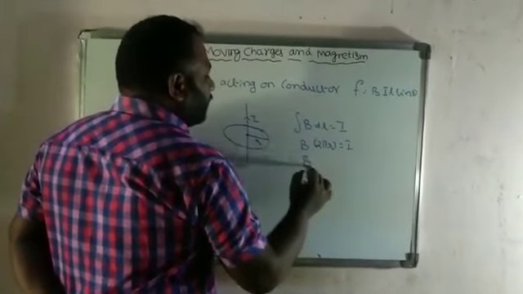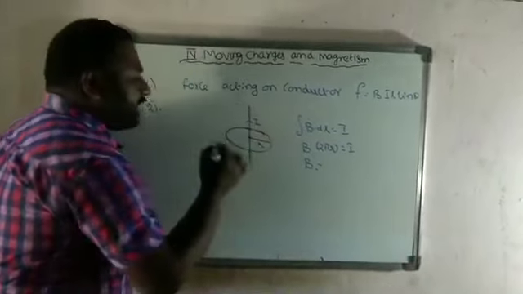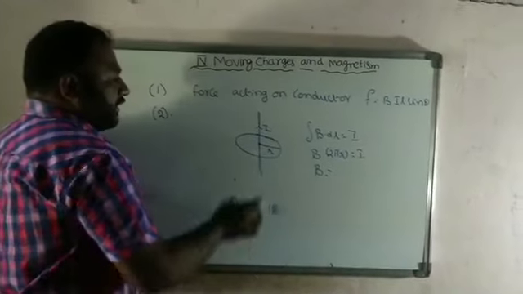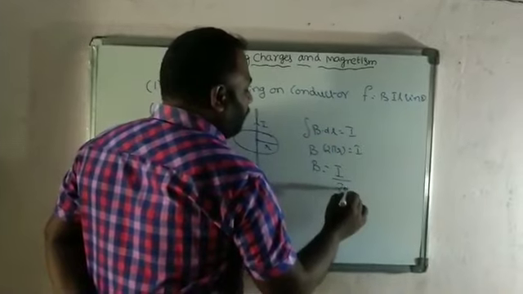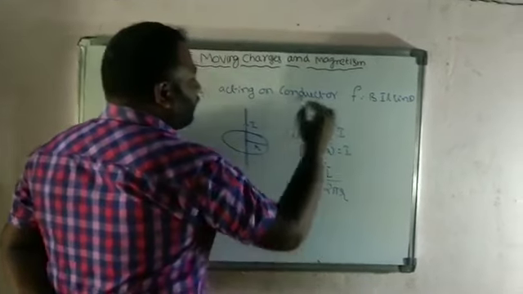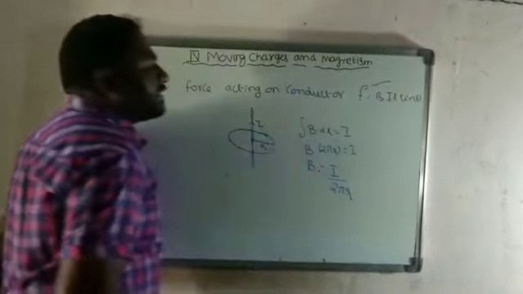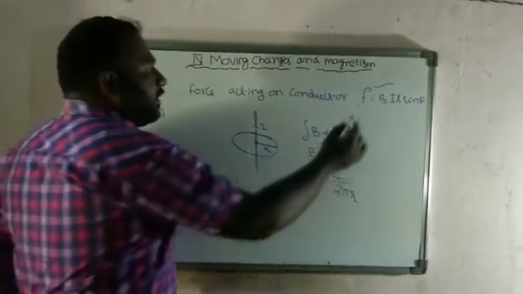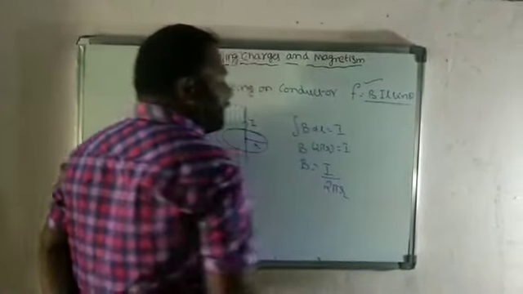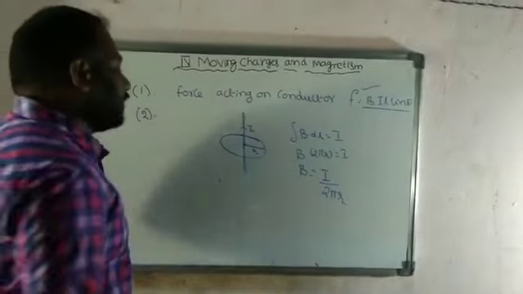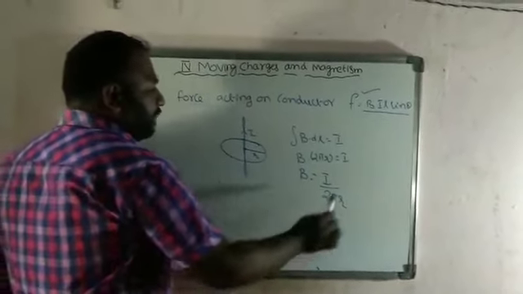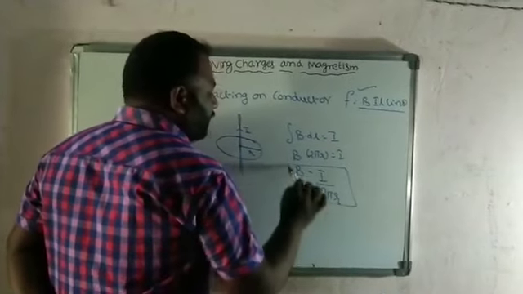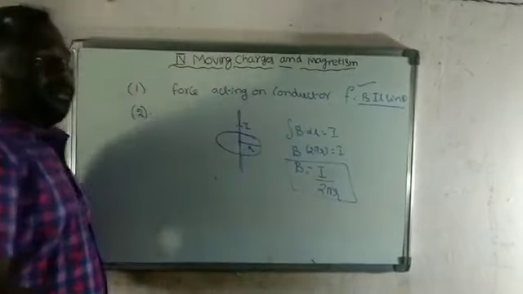So the magnetic field due to a straight, infinite length current carrying conductor is B equal to mu naught I by 2 pi r. Remember this point. The first point is the force acting on a straight current carrying conductor is B I L sin theta. The second point is the magnetic field around a current carrying conductor, according to Ampere's law, is B equal to mu naught I by 2 pi r.